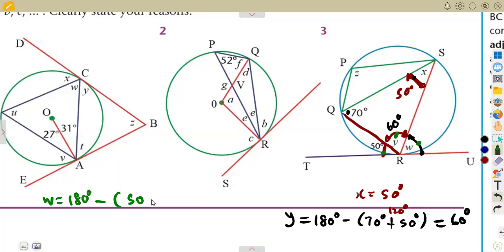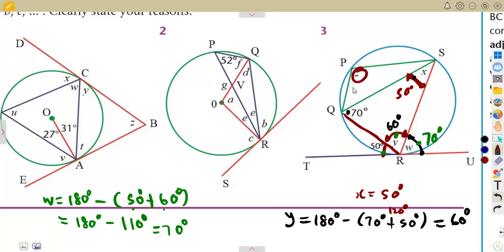So I'm going to remove the other two angles that are on this straight line. 60 plus 50 is 110 degrees, and 180 minus 110 is going to be 70 degrees. So angle W is equal to 70 degrees, and the reason is angles on a straight line.